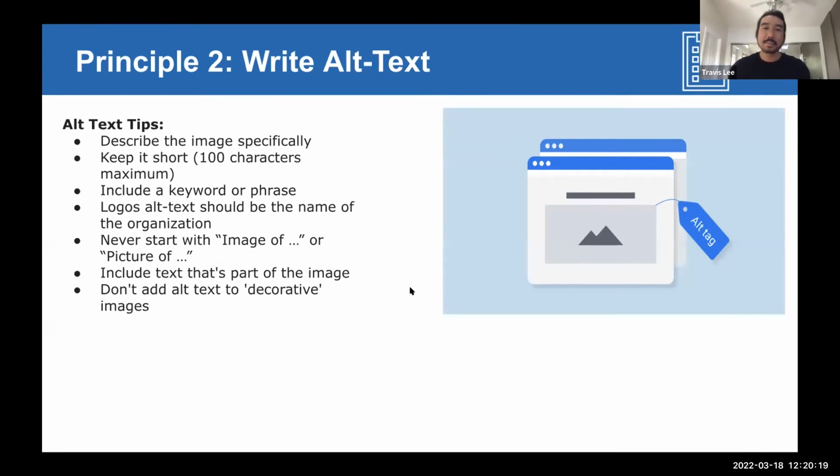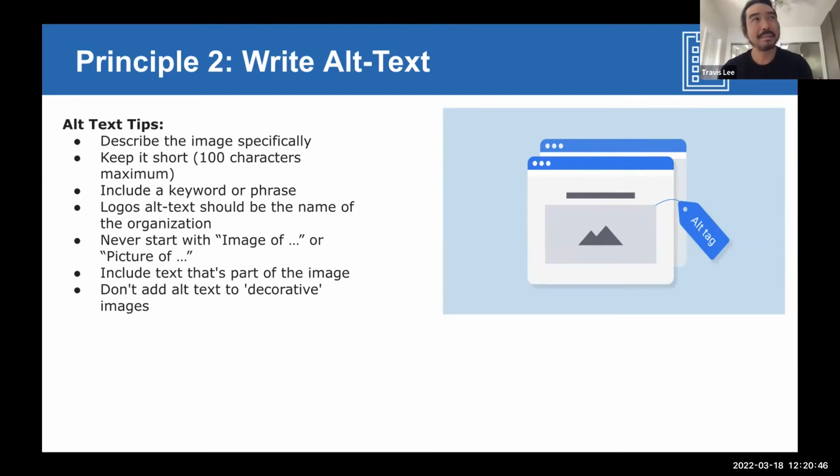All right, the next principle is write alt text. Anytime you use an image inside a document or your website or an instructional page, you want to have alt text, a brief description of what they would be seeing if you were blind. So describe the image specifically. Be specific, but you don't need to be verbose.